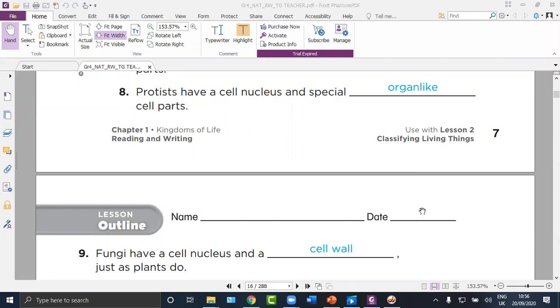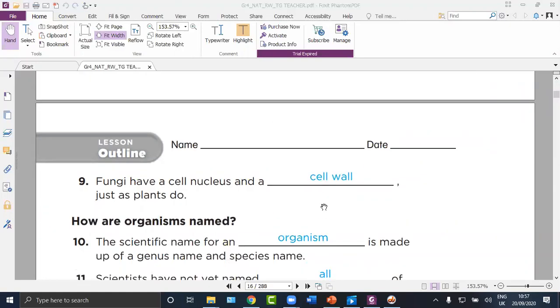Omar Abdul Rauf. Read number 10. How are organisms named?